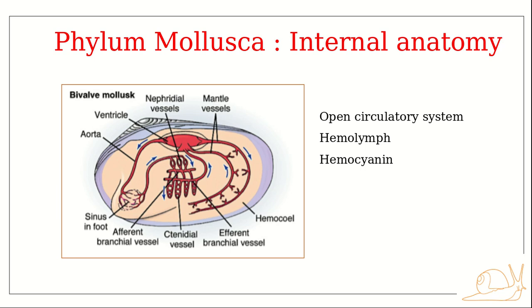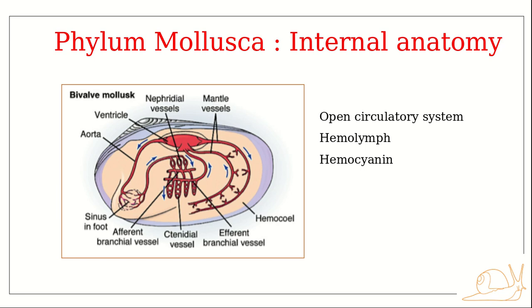And here you can see the heart. It is single. It has a single ventricle, and apart from that, they have a different number of auricles. The heart is myogenic, that is, its muscles have the ability to trigger and maintain the heartbeat without any nervous control.